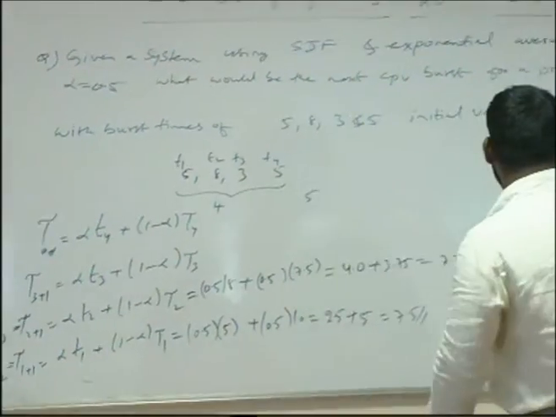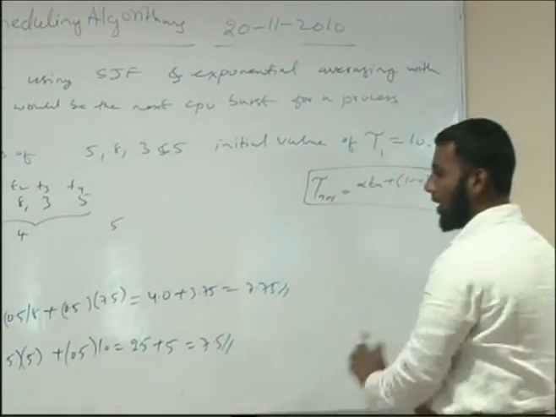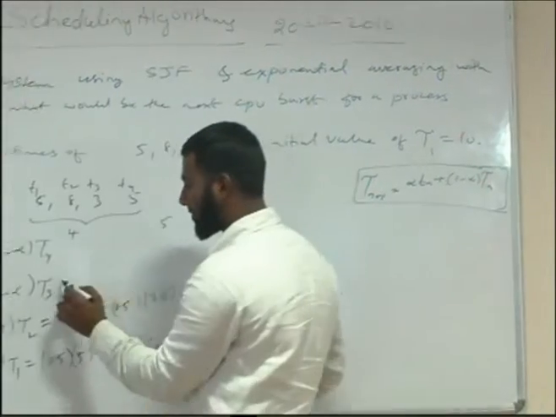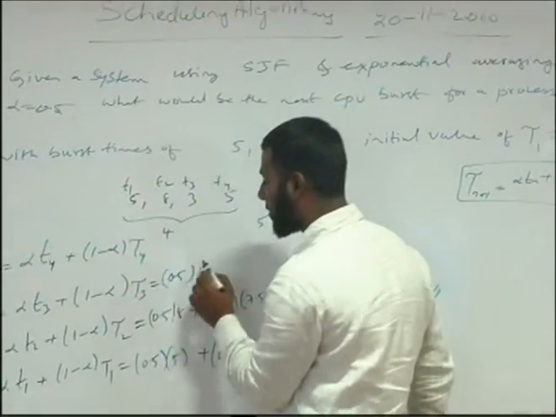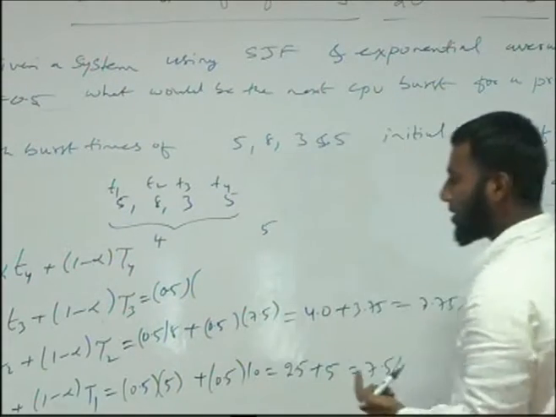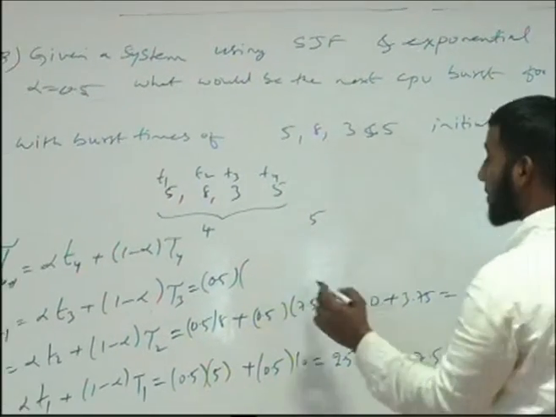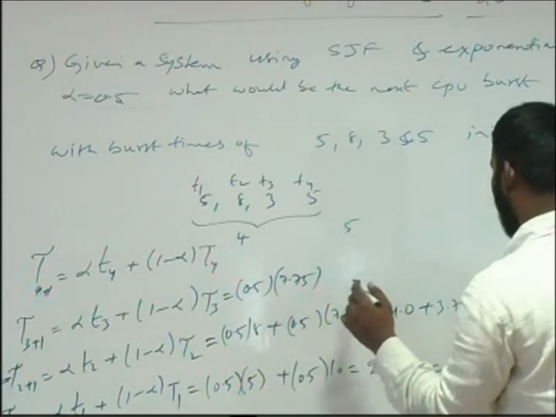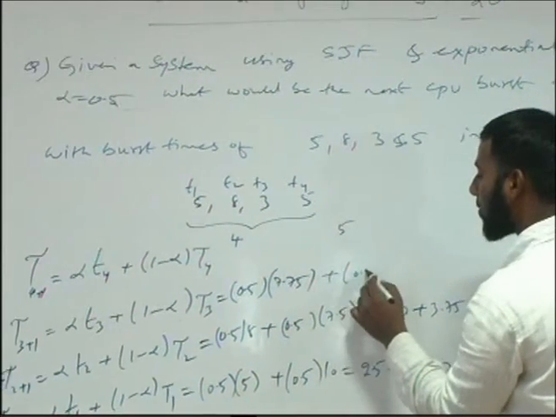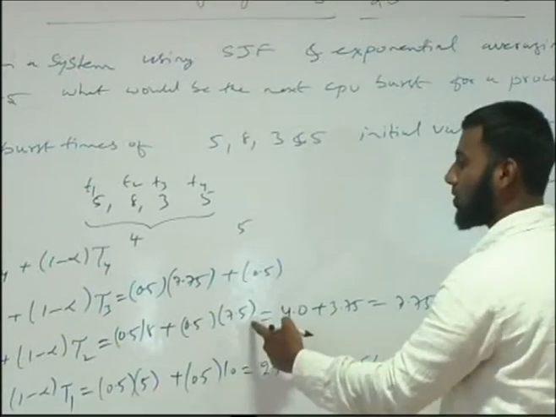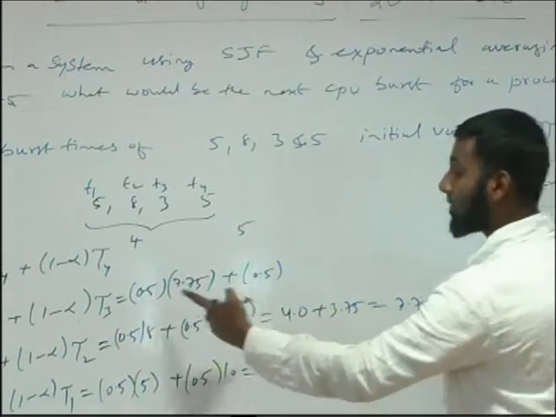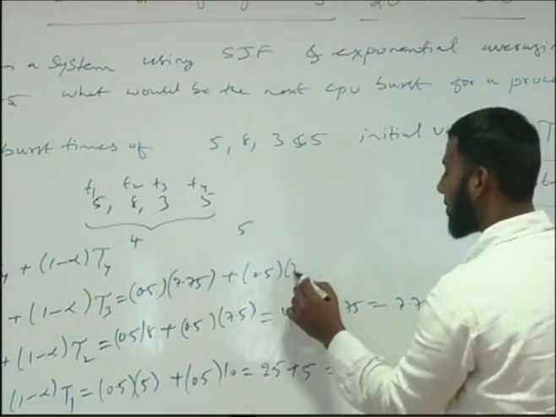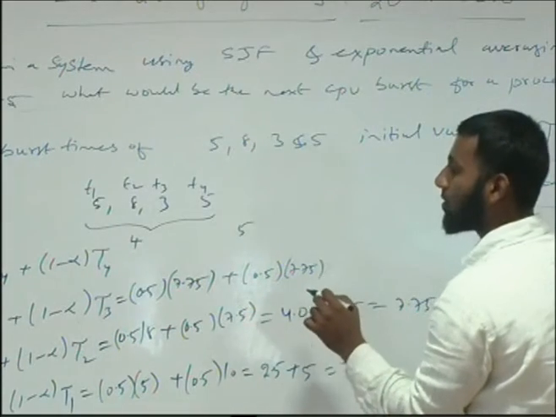Now, 0.5 into tau of 3, which is 7.75, plus 0.5 into tau of 3, which is equivalent to 7.75.